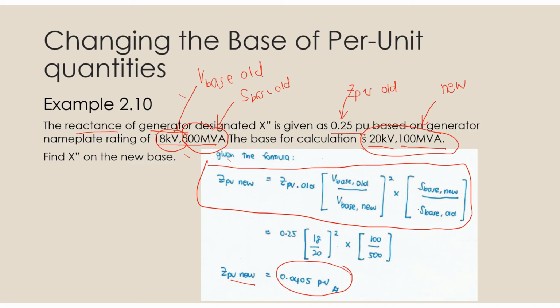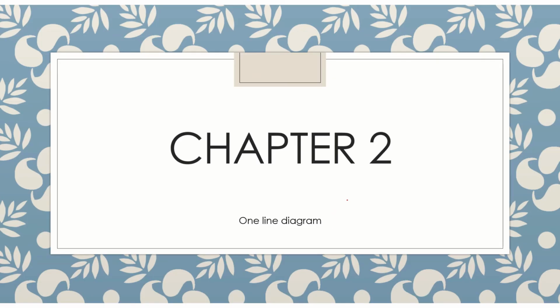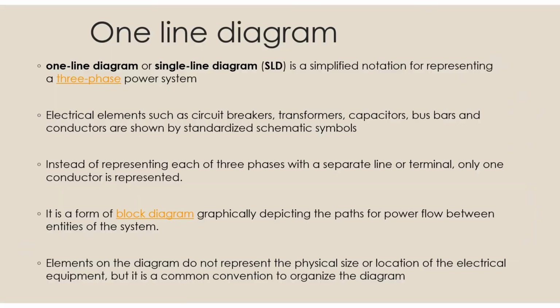Next we move on to the one line diagram, also known as a single line diagram. This is a simplified notation based on a three-phase system.